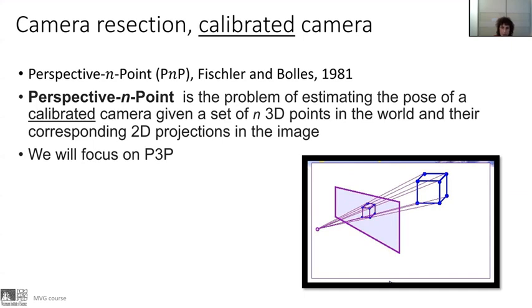What is the difference? What would I like to understand now? Any ideas? The location of the camera in the real world? Exactly. The location of the camera and rotation and translation of the camera with respect to the real world. Exactly. So I would like to extract R and T, actually.